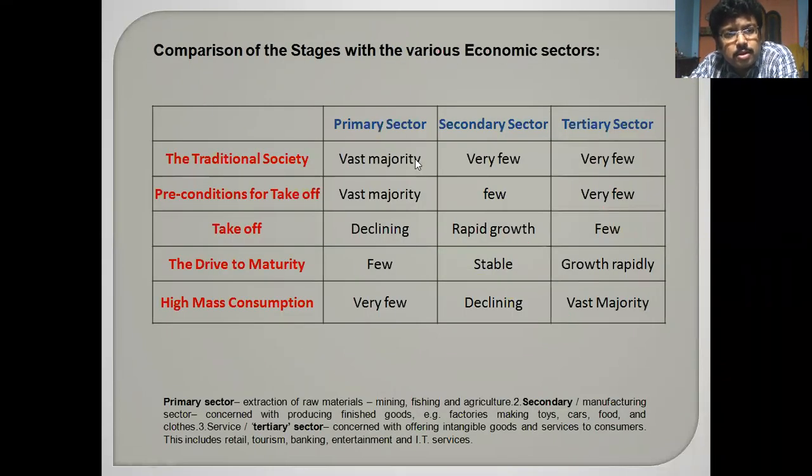Now, here we can compare the stages with the various economic sectors. Here the primary sector, secondary sector, and tertiary sector. What is the primary sector? Primary sector, you can say the mining, fishing, and agriculture. And what is the secondary sector? Secondary sector, you can say the finished goods, such as the factories making toys, cars, boots, clothes.